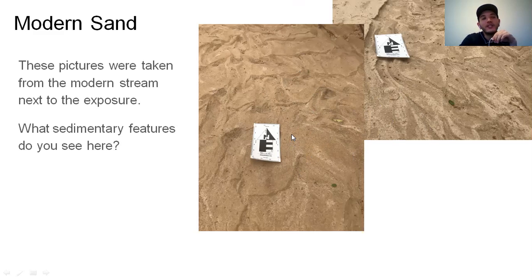Just think about the sedimentary structures that can be formed either by waves or by wind. What do you see in this part and what do you see in this part? Do you think they are symmetrical or asymmetrical? And do you think these sedimentary structures were formed by wind or water? I assume all of you can determine what these sedimentary structures are.